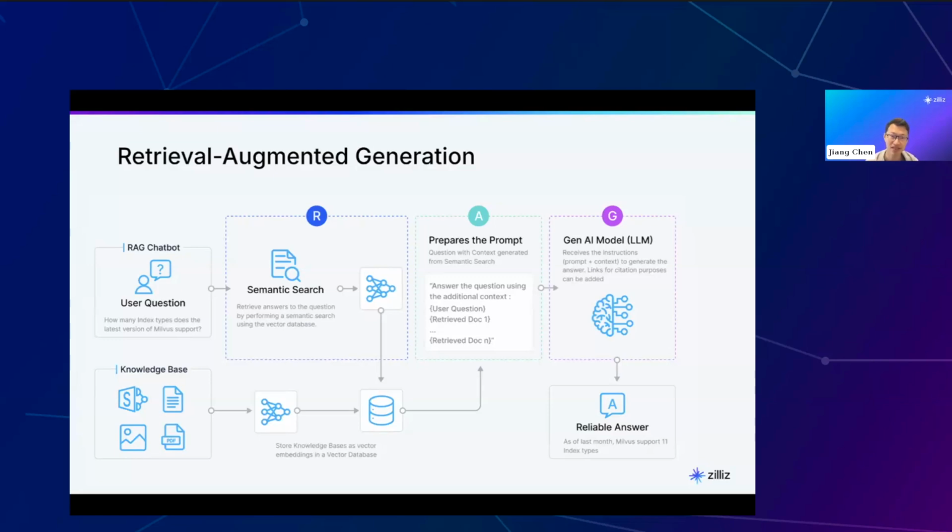And on the top, that's the serving workflow, where a user may ask some questions, and then you use the same embedding model that you used for offline indexing to generate vector embedding of the search query. And then with the search vector, you can do a search on the vector database. That will give you semantically similar content.